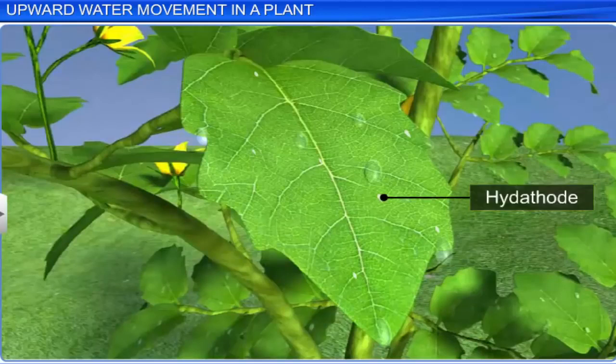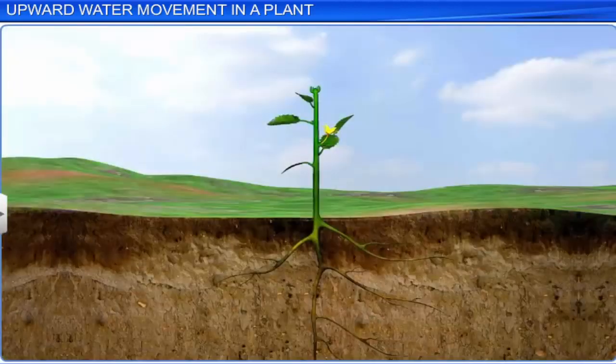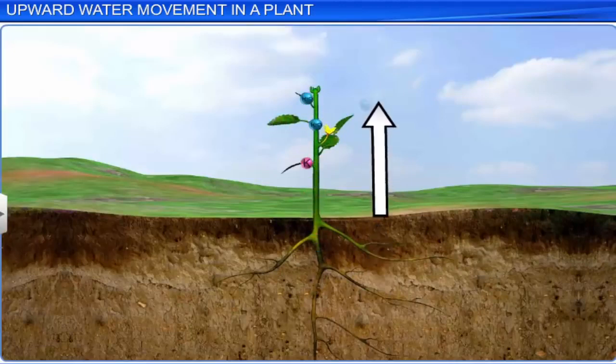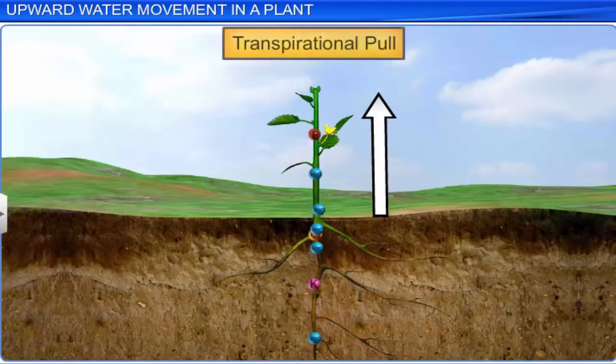This water loss in its liquid form is called guttation. However, root pressure itself does not account for the majority of water transport because it can provide only a modest push. Most water movement in tall trees takes place due to transpirational pull.